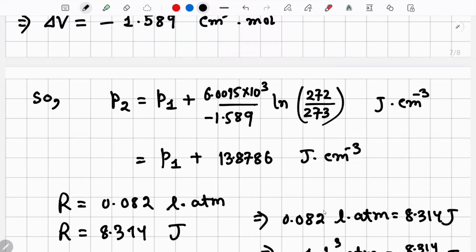Or am I doing wrong? I don't know. Joule is obviously Newton meter.